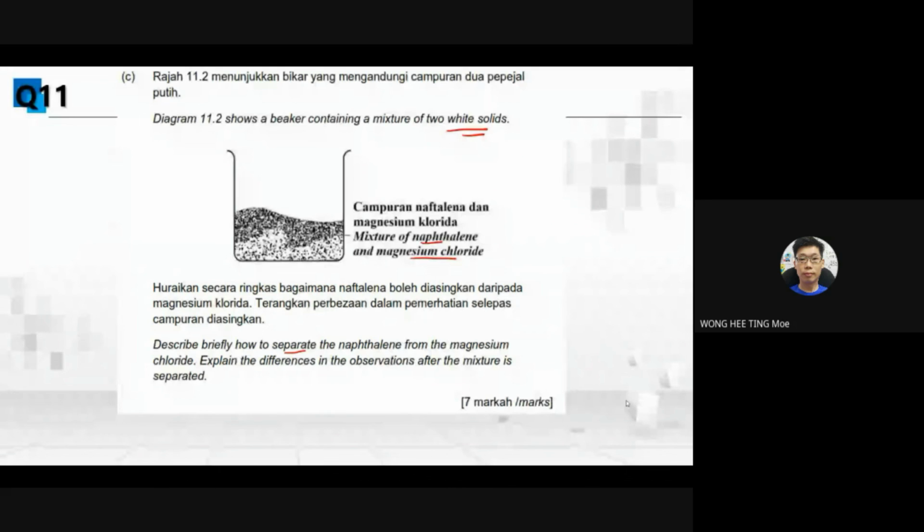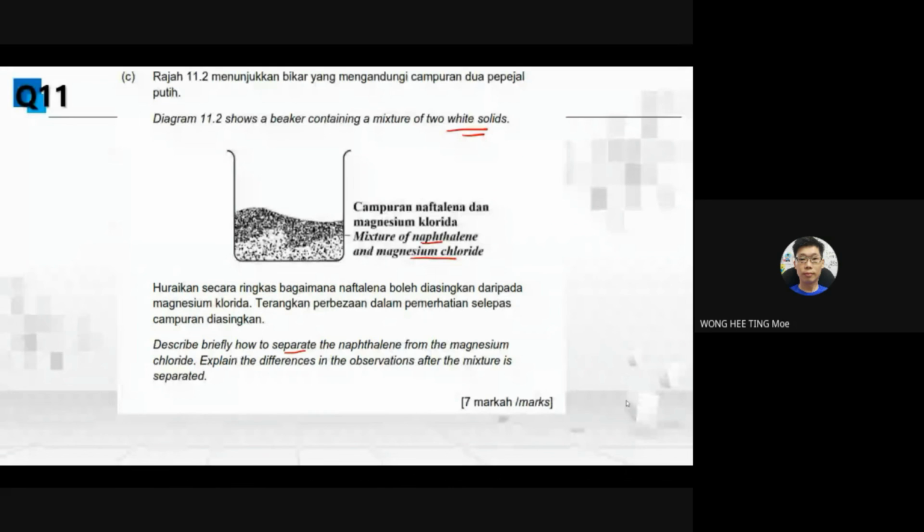The magnesium ion is attracted to the oxygen atom of the water molecule, which is negatively charged, while chloride ions are attracted to the hydrogen atoms of the water molecule, which are positively charged. A strong electrostatic force exists between the atoms of the water molecule and the ions of magnesium chloride.